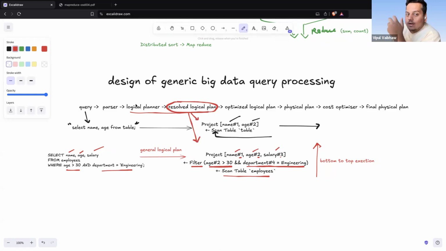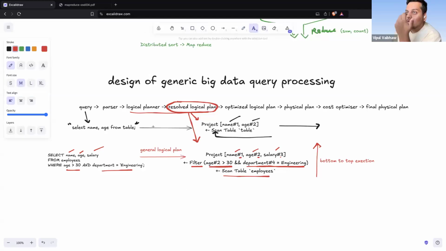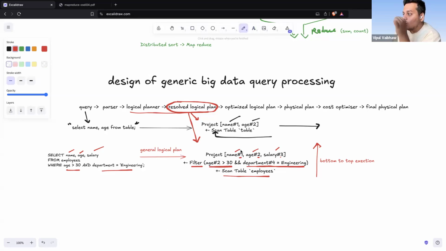What is an unresolved logical plan? In a resolved logical plan, you get the right addresses, the right names for the table. In an unresolved logical plan, you don't know that. Oh yeah, you're right, Sambhitesh. Index scans are part of what we call the physical plan. Yes.